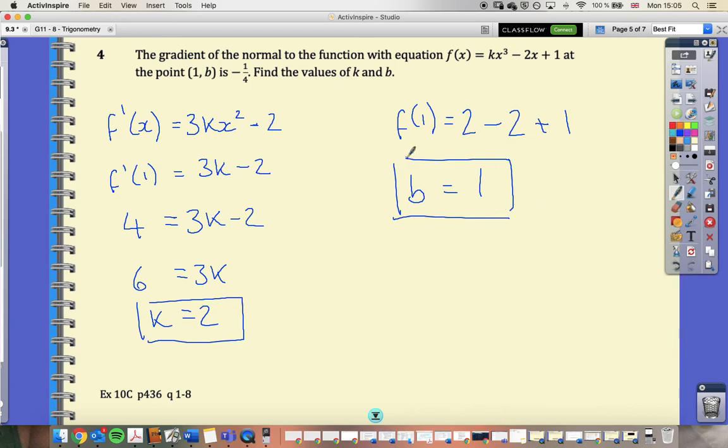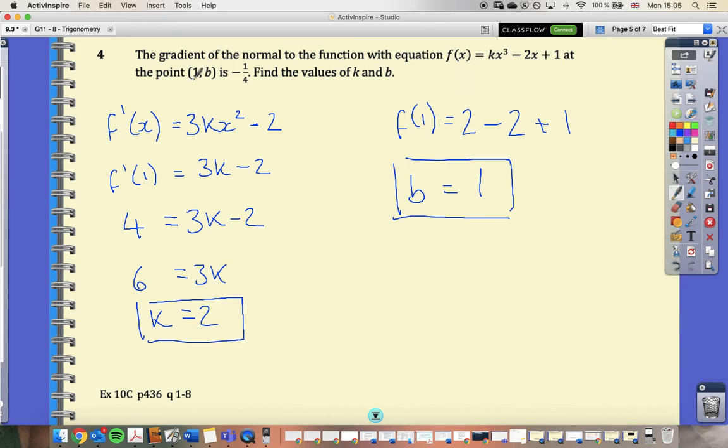Not so challenging from an arithmetic point of view, but from an understanding and being able to break down the question point of view, this was a bit more challenging. The way I thought about it was, rather than thinking about all this information they gave me, I imagined a more standard question. And a standard question is, what is the equation of the normal given a function at a certain value of x?